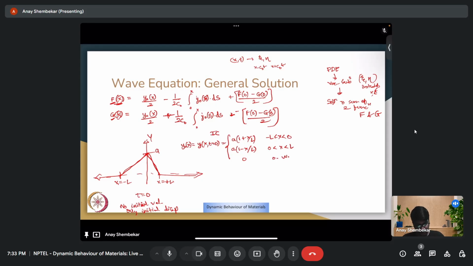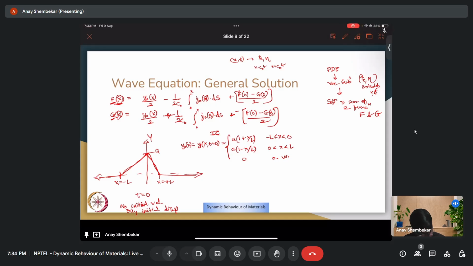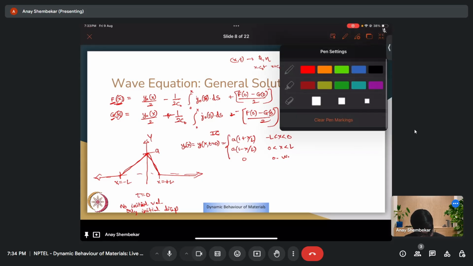So this is my initial condition. Once I plug this in and solve for capital F and G, the solution ends up being two distinct waves.